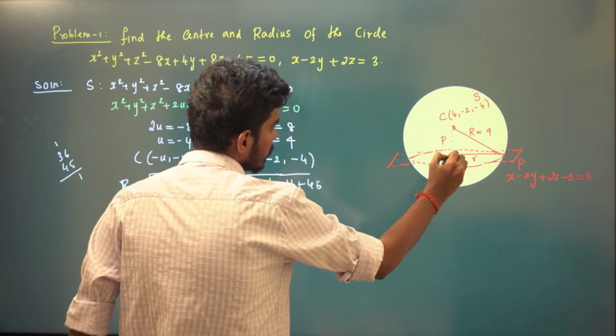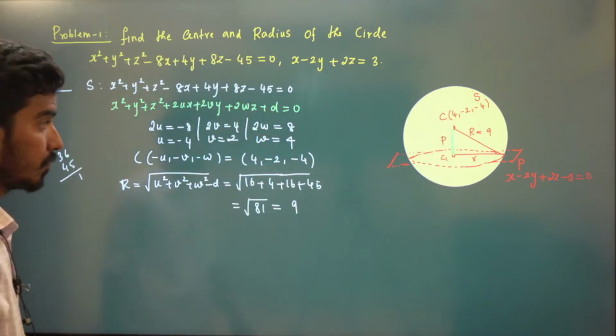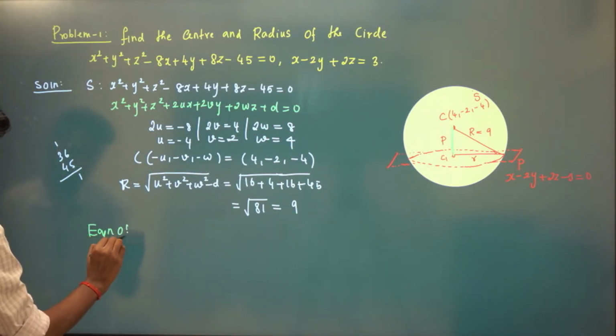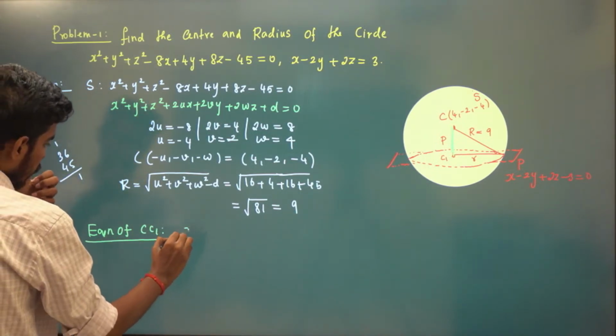What is the equation of this line in symmetrical form?